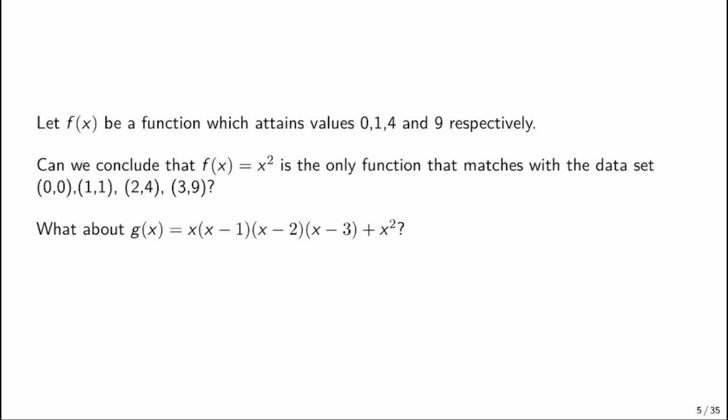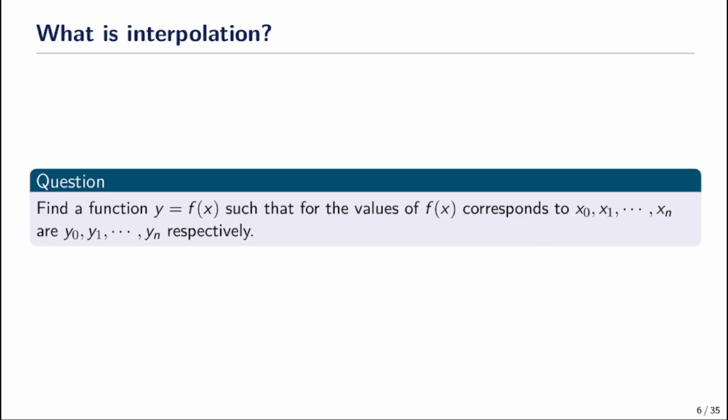So now the problem we can state as follows. Find a function y equal to f of x such that the values of f of x corresponding to x0, x1, etc. xn are y0, y1, etc. yn respectively.